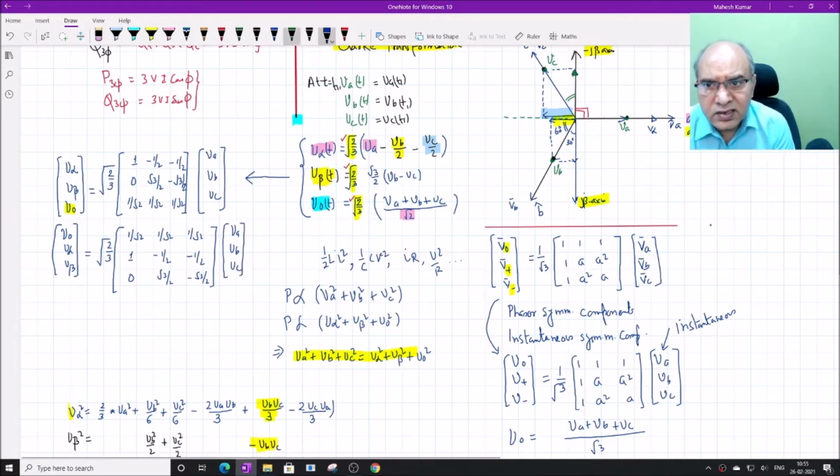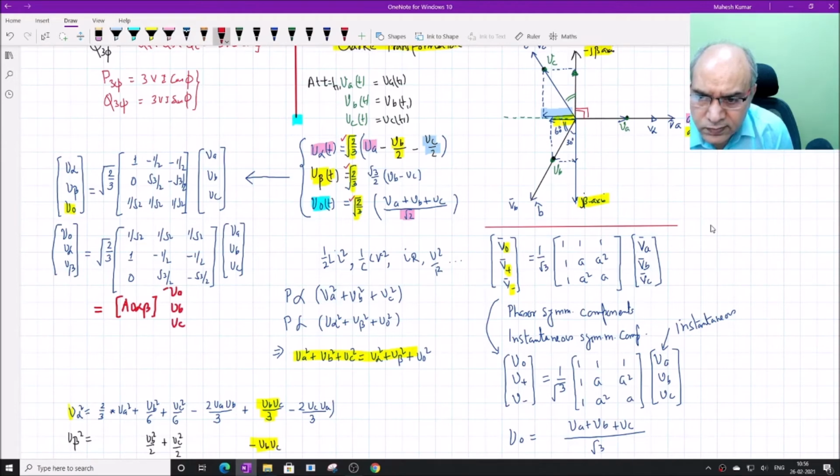Okay, this matrix is called the alpha beta 0 matrix or 0 alpha beta matrix, depending upon what kind of sequence we use. So we can write this as, 0 is first, so 0 alpha beta matrix into VA, VB and VC equal to V0, V alpha and V beta.